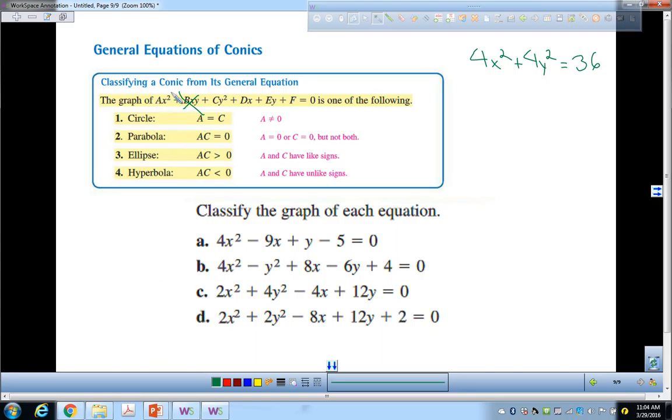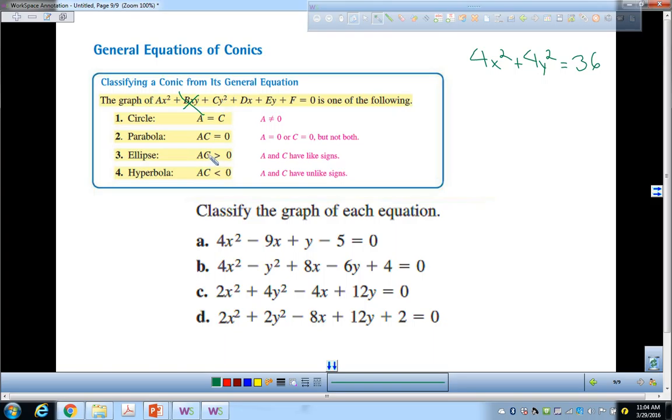If either A or C is equal to 0, then I either don't have an x squared or I don't have a y squared, which means it's a what? It's got to be a parabola. So if either A is 0 or C is 0, then I have a parabola because you won't have an x squared term or you won't have a y squared.